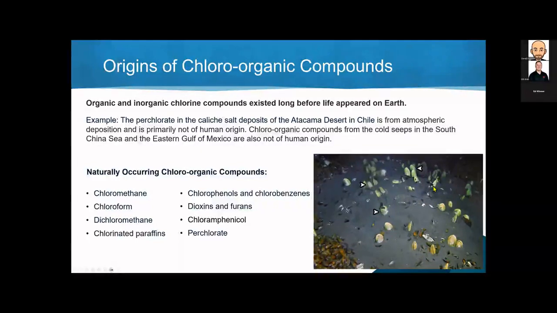These are atmospheric deposition. There are also chloroorganic compounds in cold seeps in the South China Sea and in our own Eastern Gulf of Mexico. These are also not of human origin. I have listed here some naturally occurring chloroorganic compounds like chloromethane, chloroform, etc.